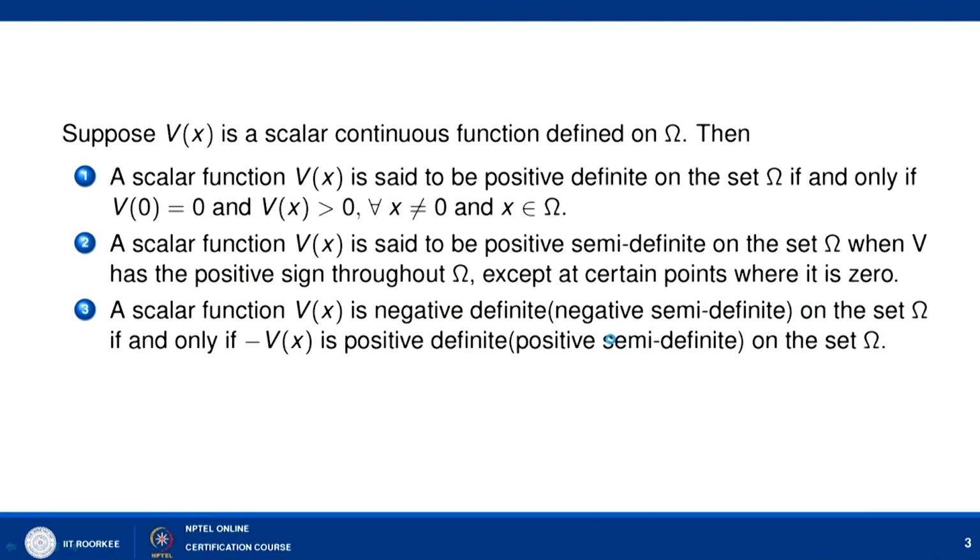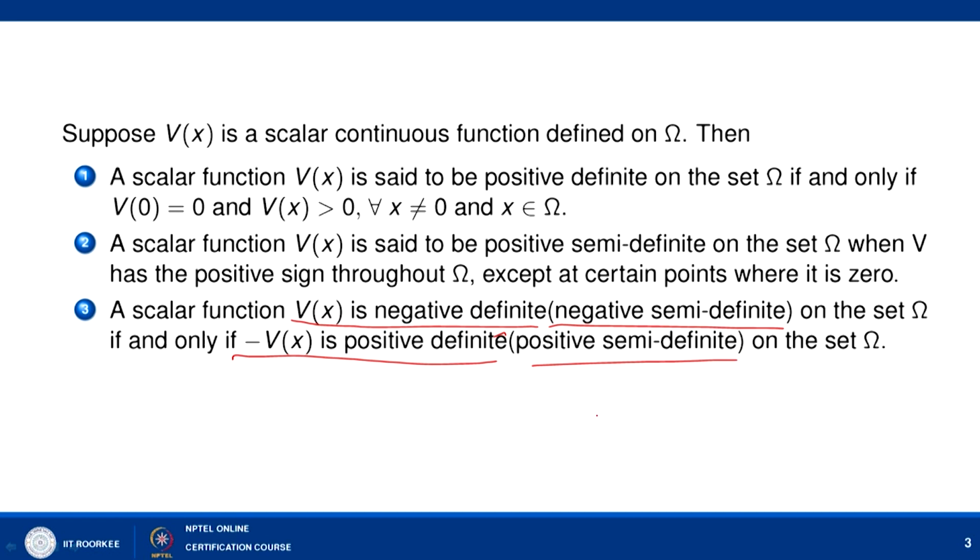Similarly, we can define negative definite. A scalar function V(x) is negative definite or negative semi definite on the set omega if and only if minus V(x) is positive definite or positive semi definite, respectively. So, V(x) negative definite means minus of V(x) is positive definite, and V(x) negative semi definite means minus of V(x) is positive semi definite on the set omega.